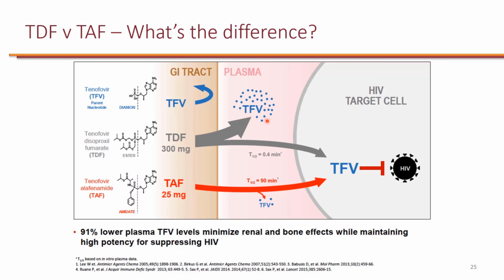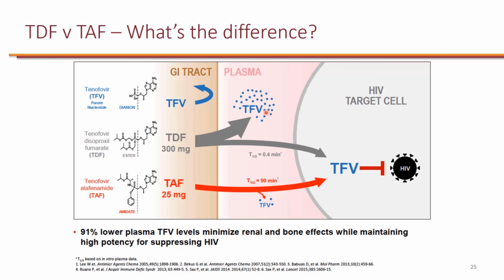And as we all know, as we age, we are all susceptible to bone mineral loss due to just aging, and this will actually accelerate it. So people who have HIV and are aging and are on TDF will lose more bone mineral.